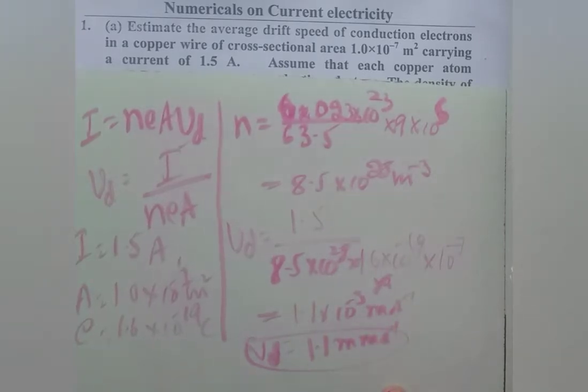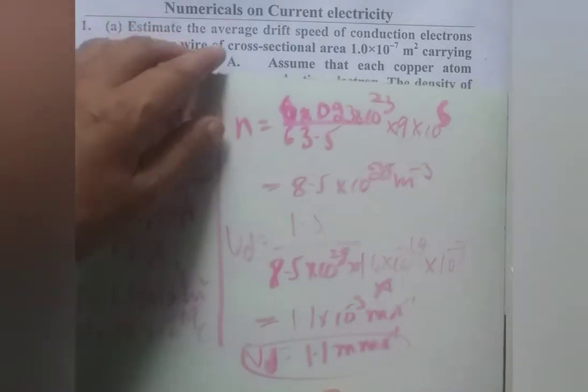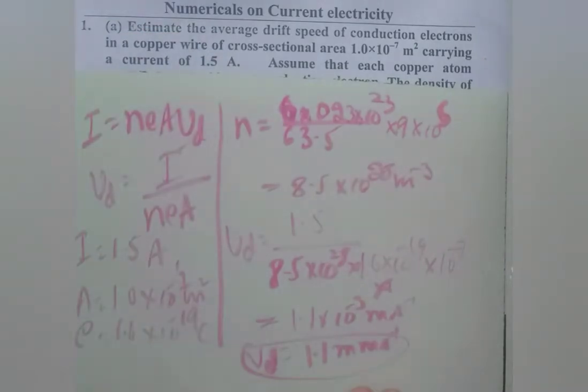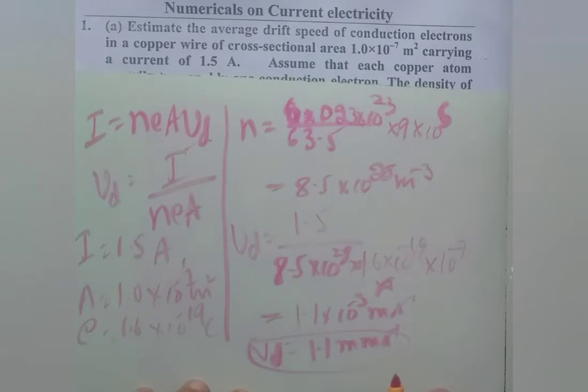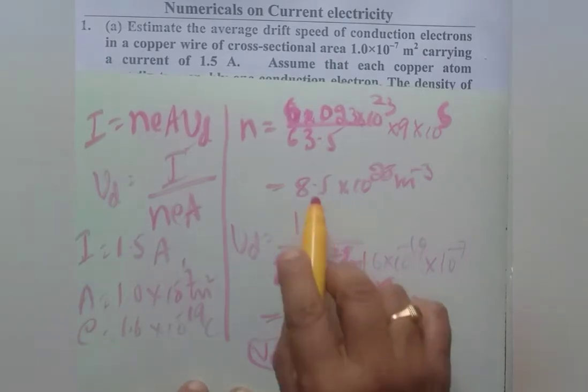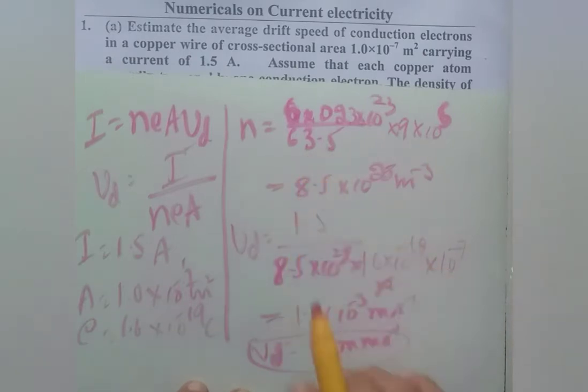Now with this we need to proceed to the next part B, but before that, observe how to calculate N, the number of free electrons per unit volume. For that we have used Avogadro number. I explain it once again. 63.5 grams of copper contains Avogadro number of atoms, because that is 1 mole of copper.